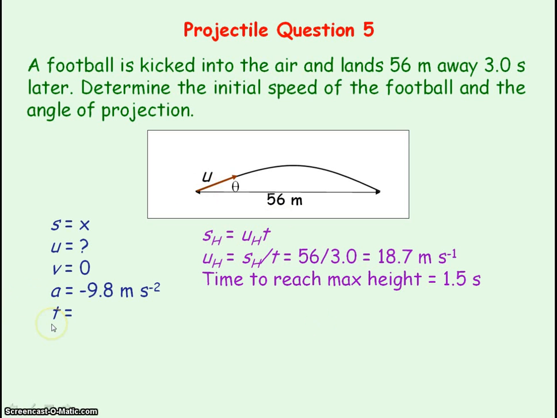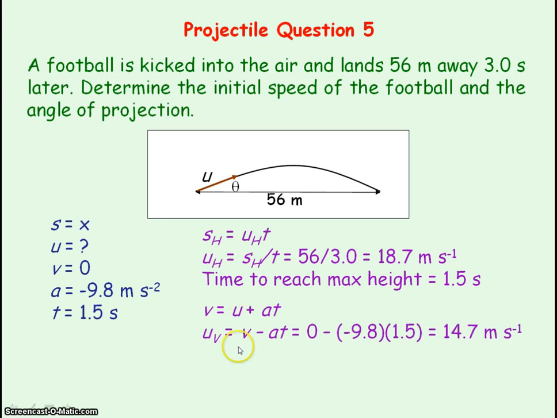And the time taken to reach maximum height is 1.5 seconds. So we need an equation that links u, v, a and t. And so that's v equals u plus at. We need to rearrange this equation to make u the subject, and substituting in the values gives us an initial vertical velocity of 14.7 meters per second.